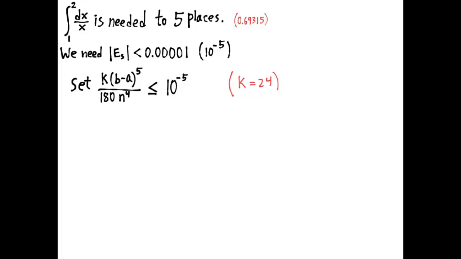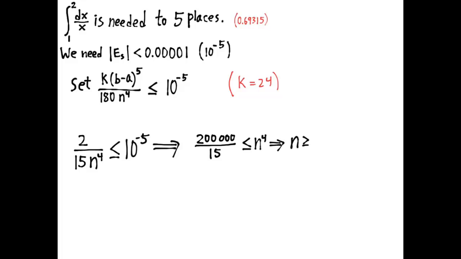So when I substitute in K and b and a, I can take this inequality and solve it for n. It's just simple algebraic manipulation. You will need the calculator to compute the fourth root to solve for n. And we see that n must be greater than or equal to 10.7. If n has to be an even number, then that means the smallest value of n must be 12.